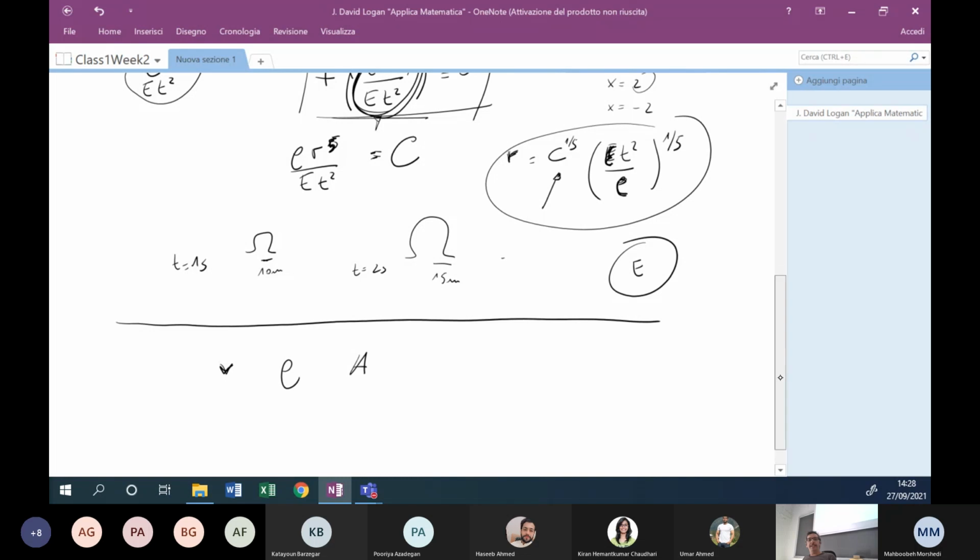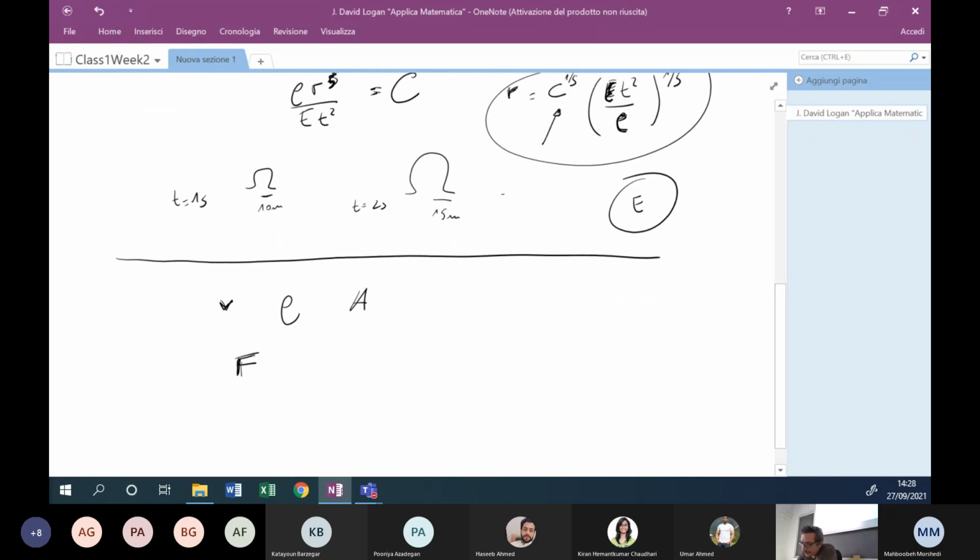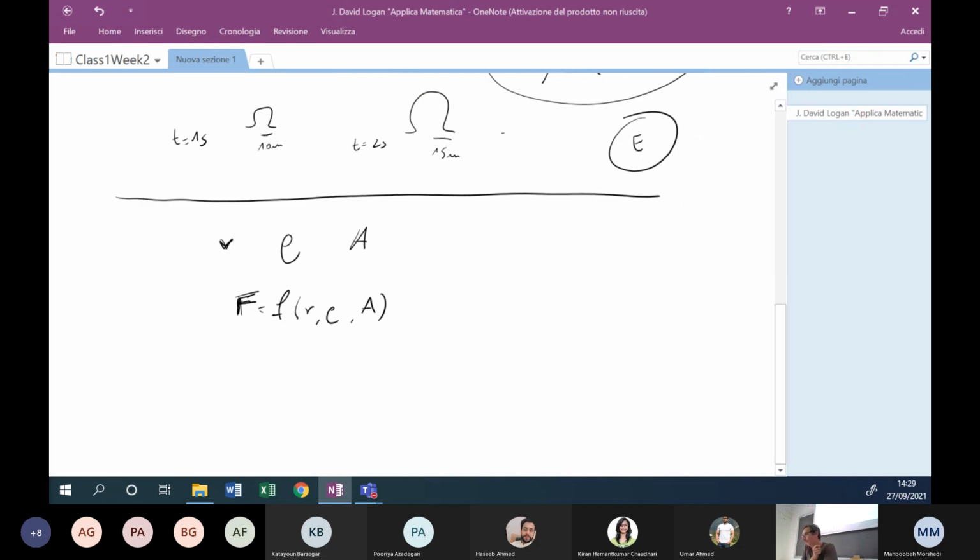So what I will have is that the force due to the air resistance must be a function of my velocity, the density of the air, and the surface with which I'm offering this resistance to the air.